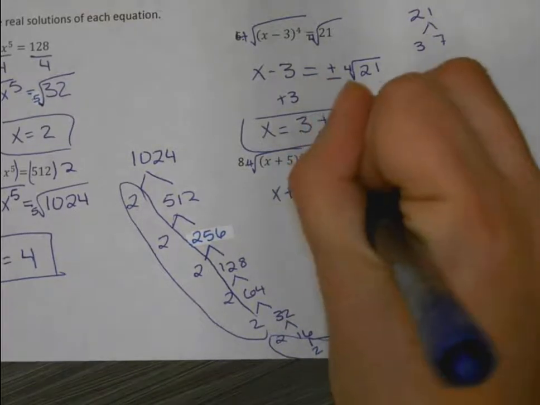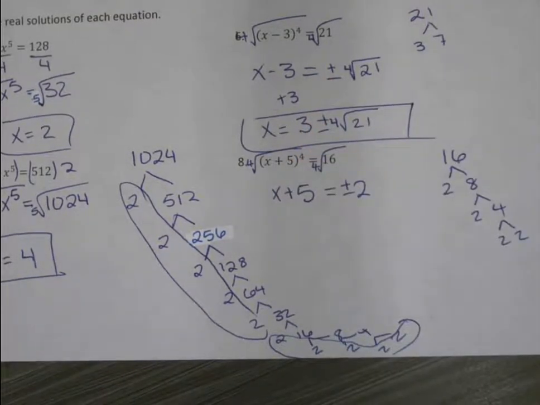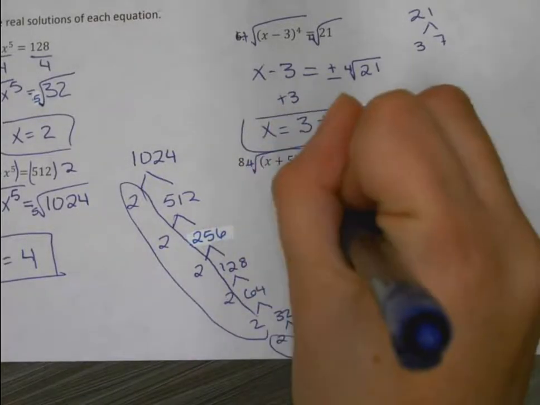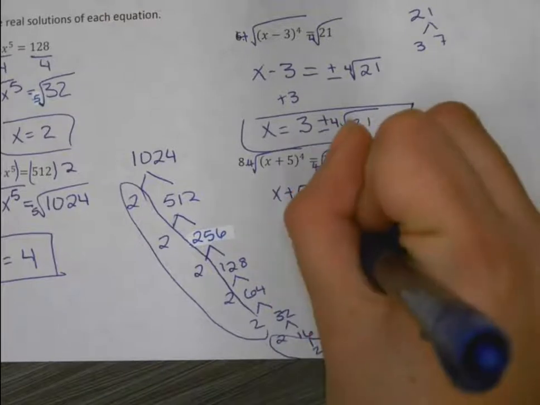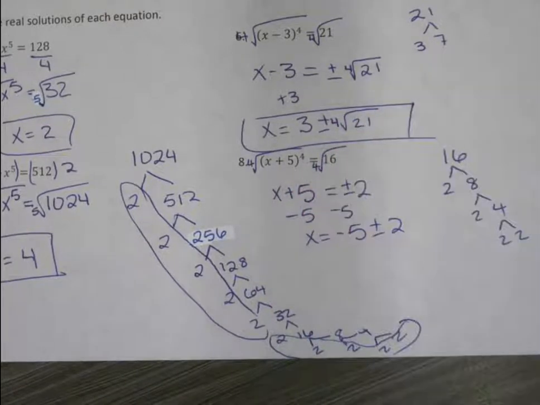Plus or minus 2. Why is it plus or minus? It's because my exponent was an even number. Okay, except I subtract the 5. But I have plus or minus 2, and they're both real numbers.